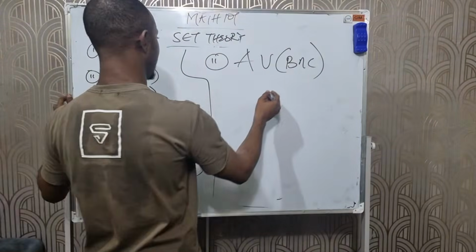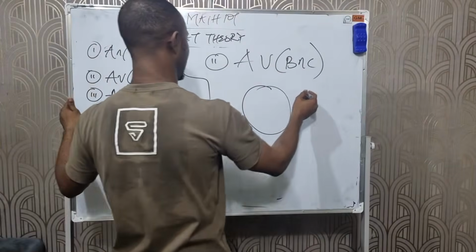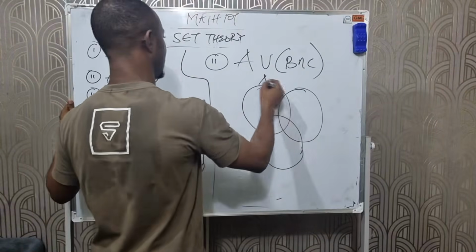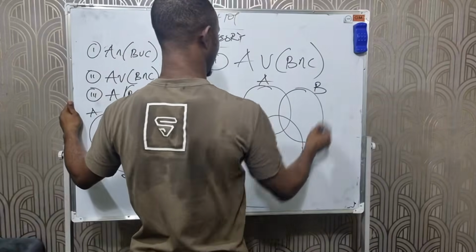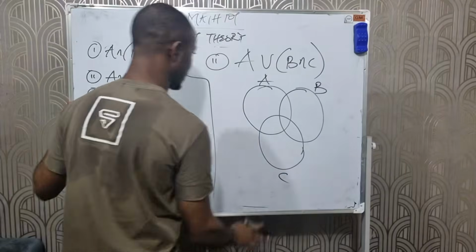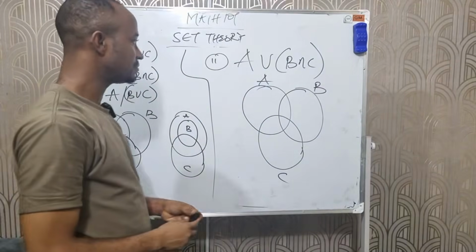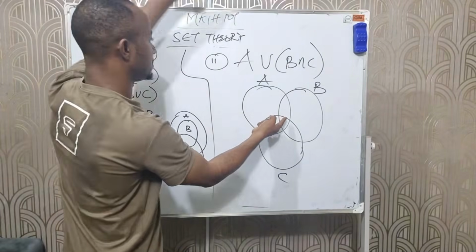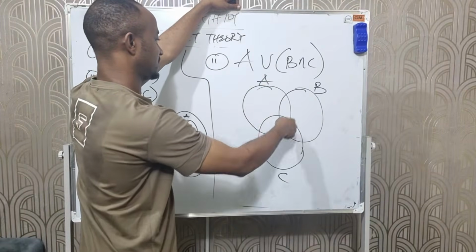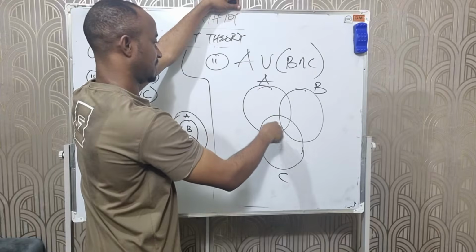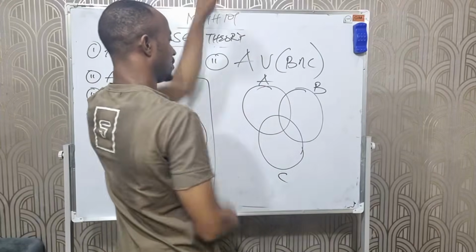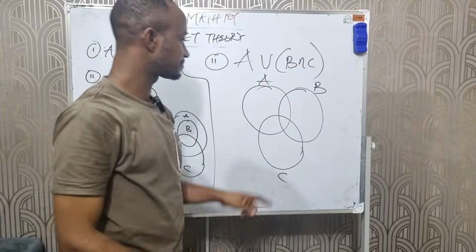Look at this diagram here. Let's bring this out. Here we have A, we have B, and we have C, right? Now, this part here is showing A. This is my A. Union B intersection C. What is our B intersection C?